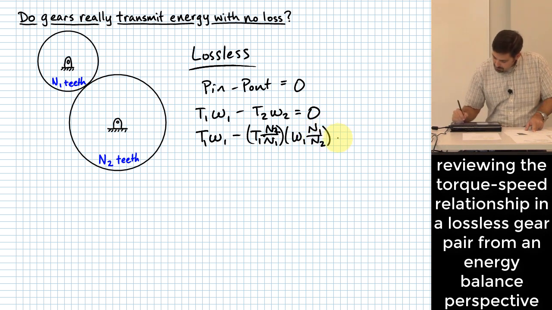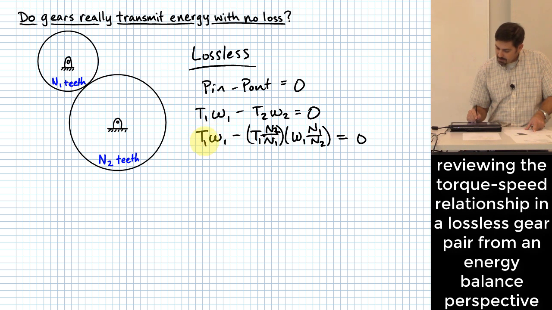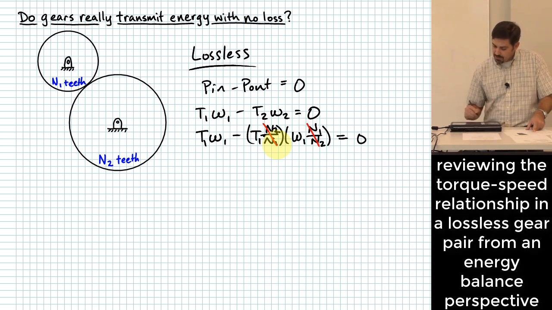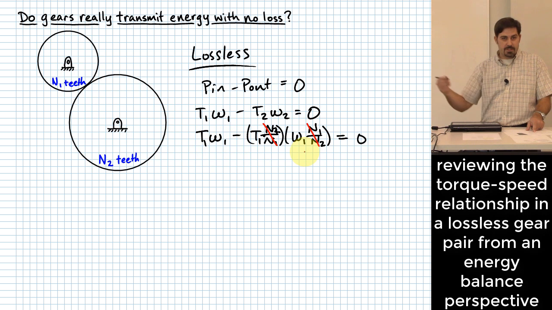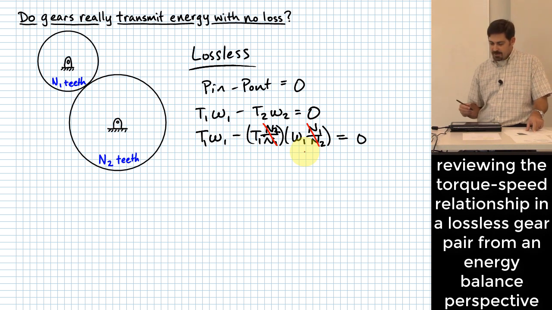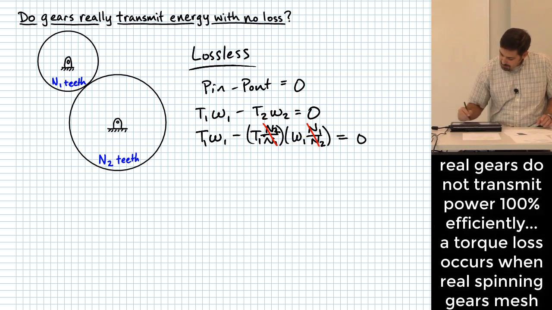And so we can see in another form why this is lossless. The amount of power in and the amount of power out are the same. These N1s and N2s cancel out. We end up with T1 omega 1 minus T1 omega 1, which is obviously 0. Everybody's happy.